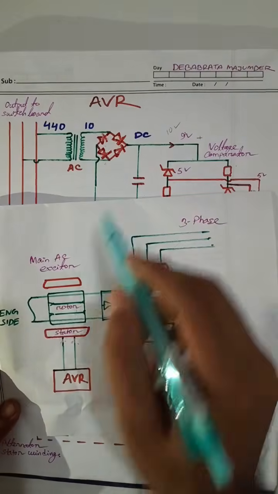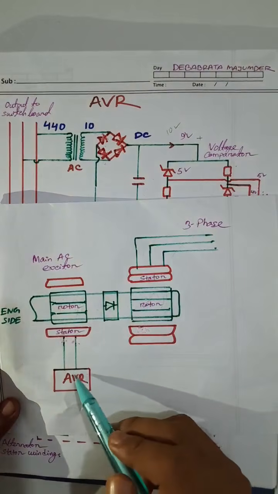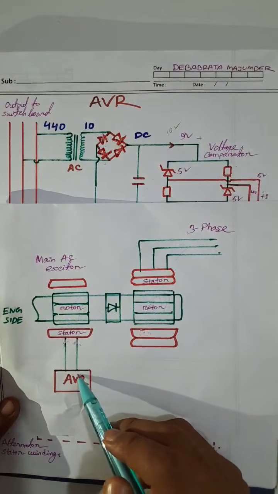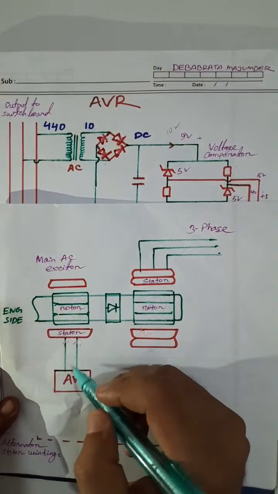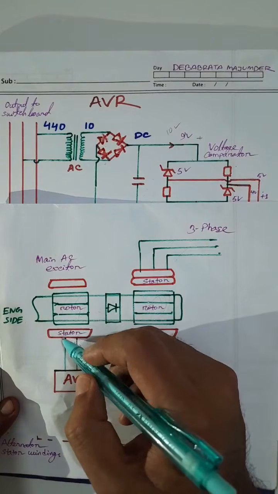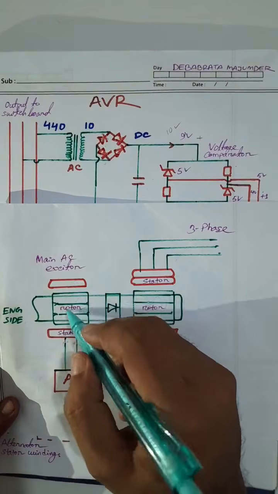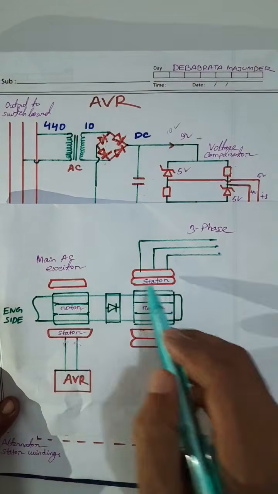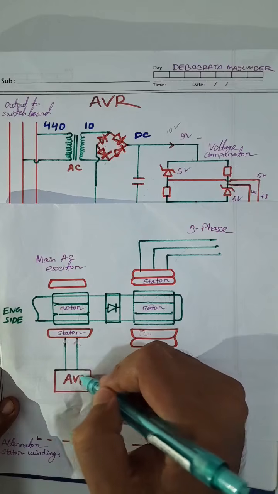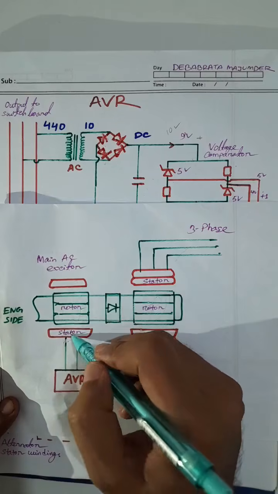Before we describe how the AVR controls, now we will see how the AVR manages the excitation of the generator. Here, see, the signal from the AVR is coming to the stator.